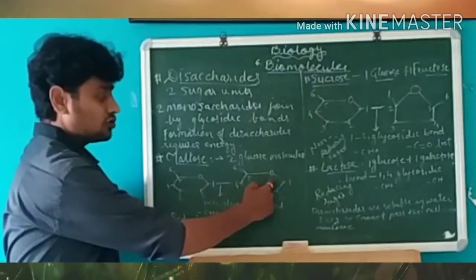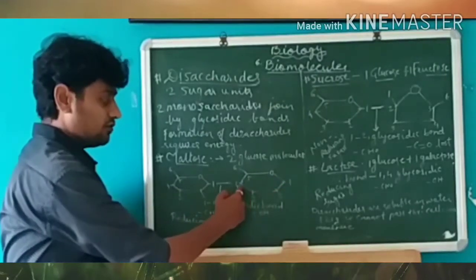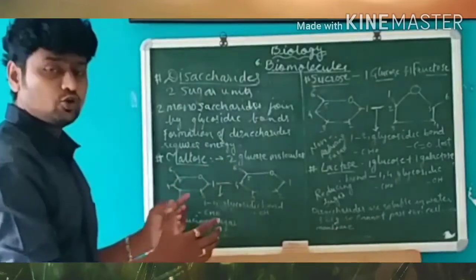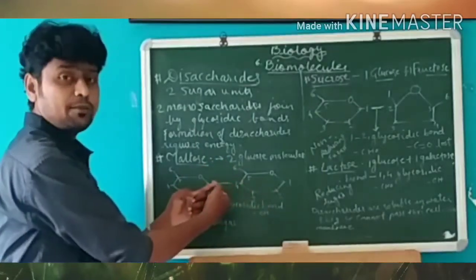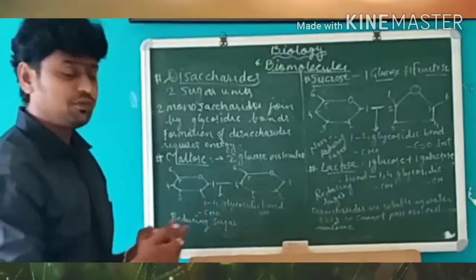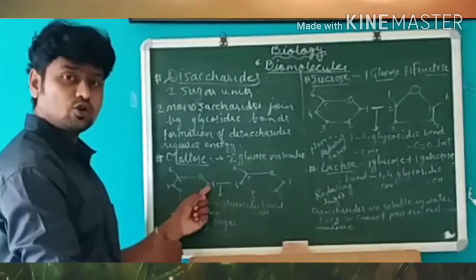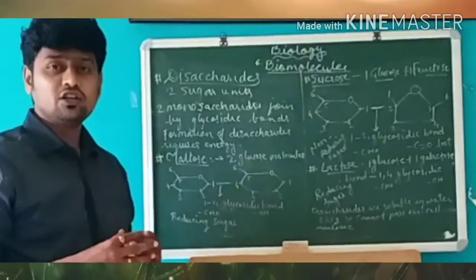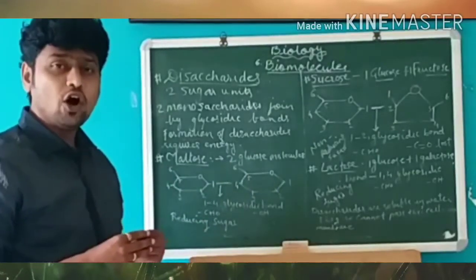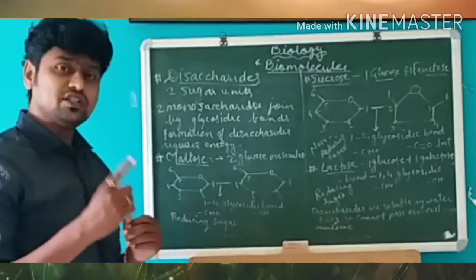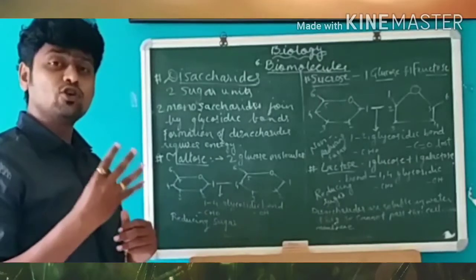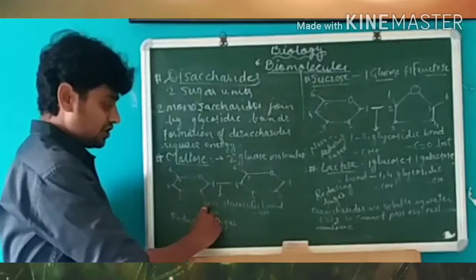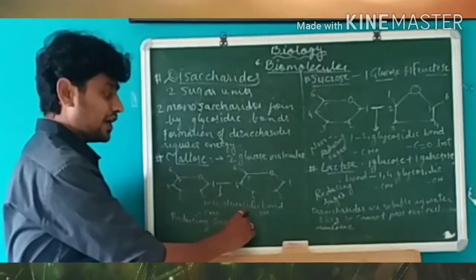When these two glucose molecules combine, the glycosidic bond formed is between the first carbon of one glucose and the fourth carbon of the second glucose. That is why the bond is named the 1,4-glycosidic bond.